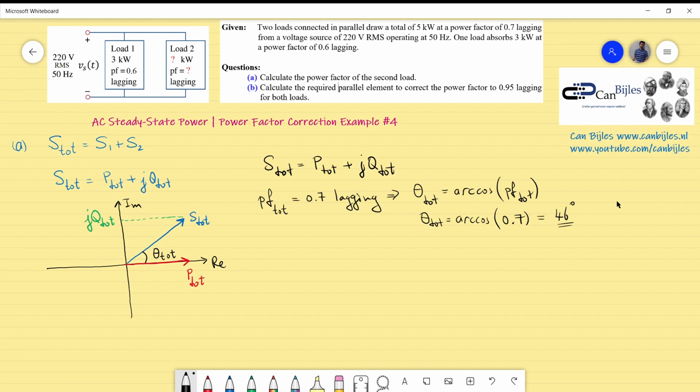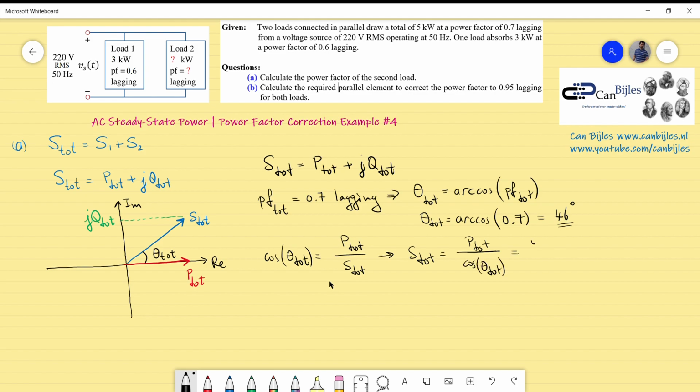Now I can calculate both S total and Q total because I already know the phase, so all of the information can be calculated using the phase and P total. Let's first start with S total. The cosine of theta total is equal to P total divided by S total. This means S total is equal to P total divided by the cosine of theta total.